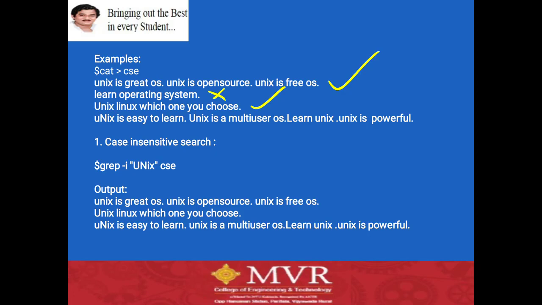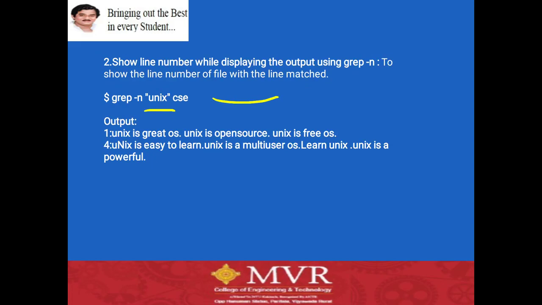In the third line Unix is there, but the first letter of Unix is a capital letter, that is capital U. Because I am not using the minus i option in this second case, it will not display the third line. Remember that, because I have given all small letters, it will only match the lines which contain small letters. A capital letter in the given pattern will not match.